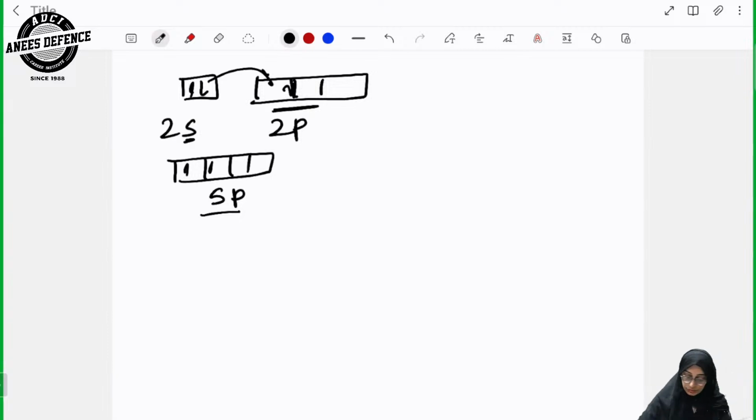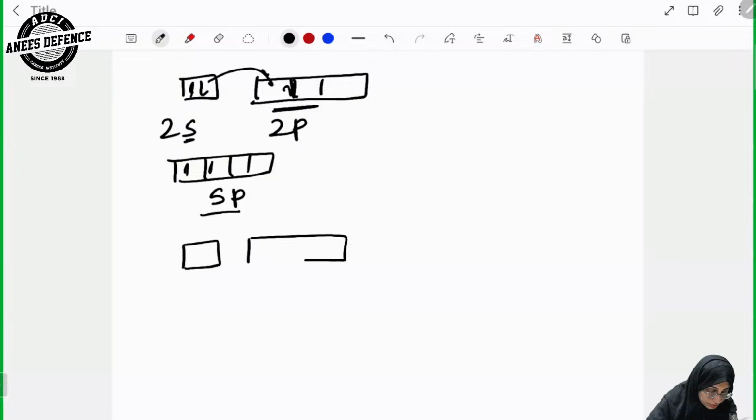Can you draw this one for sp2? In sp2, this is 2s and 2p.